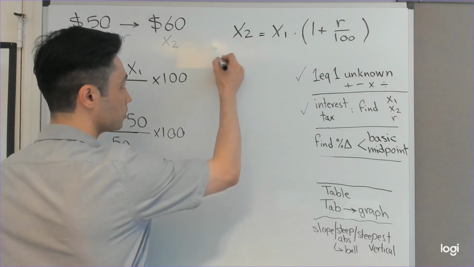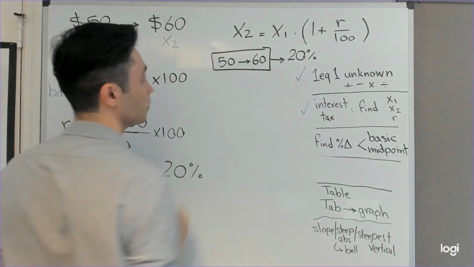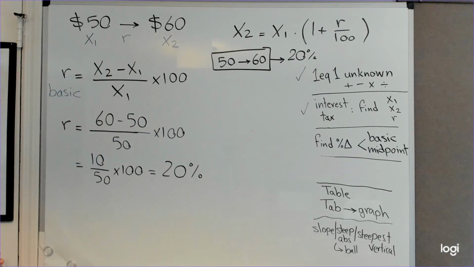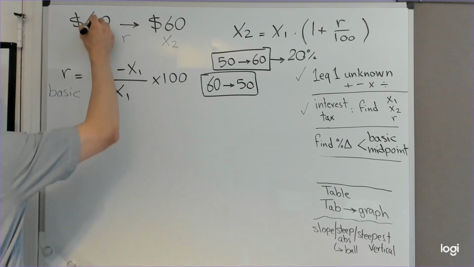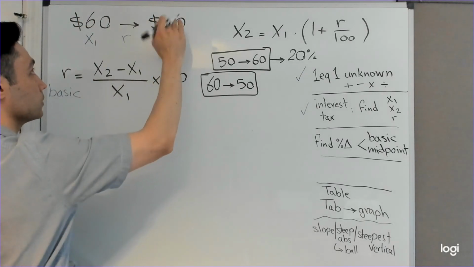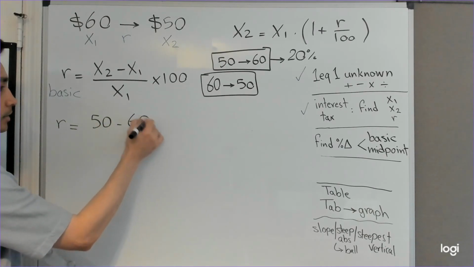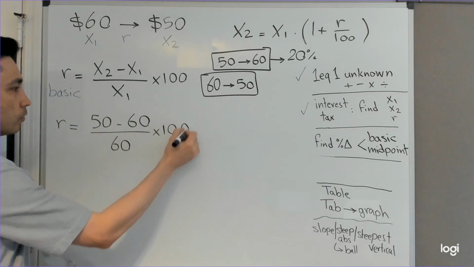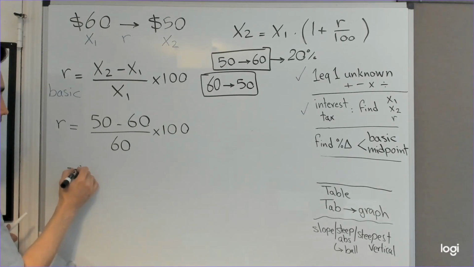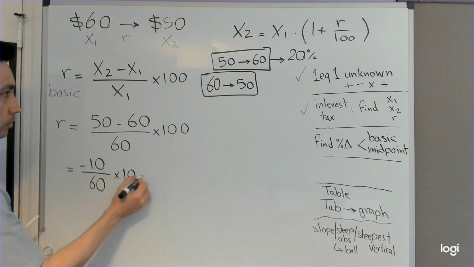So when we went from 50 to 60, the percentage change was 20%. Let's see if we go back from 60 to 50, we get to the same number. If you go from $60 to $50, the percentage change is 50 minus 60 over 60 times 100, which is minus 10 over 60 times 100.